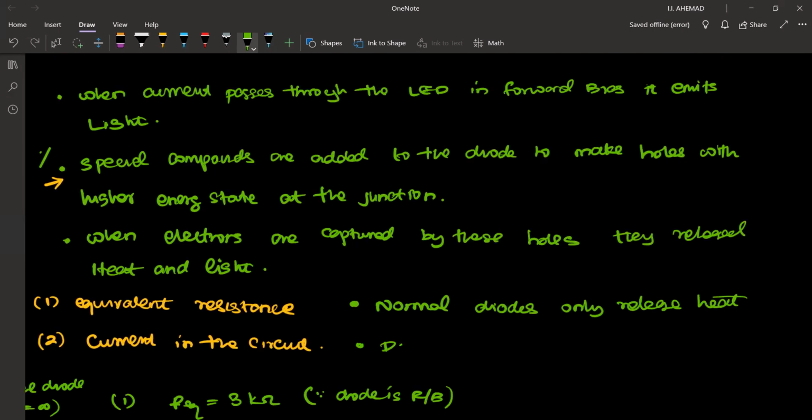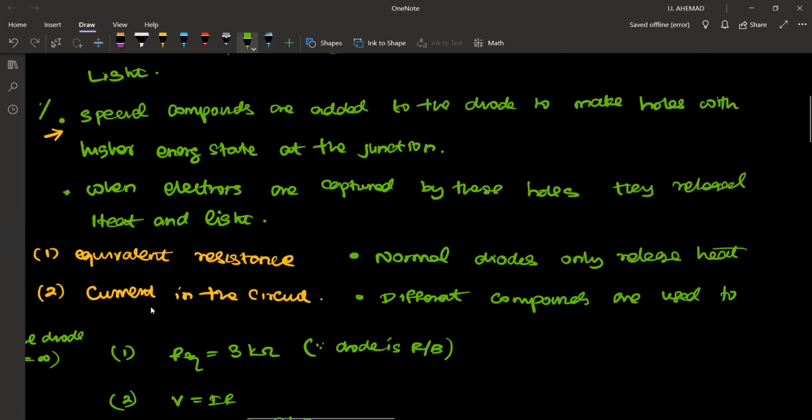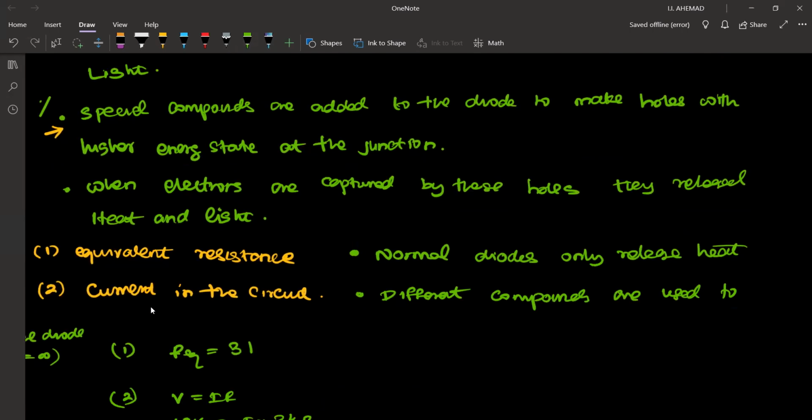So different compounds are used to obtain different colors.